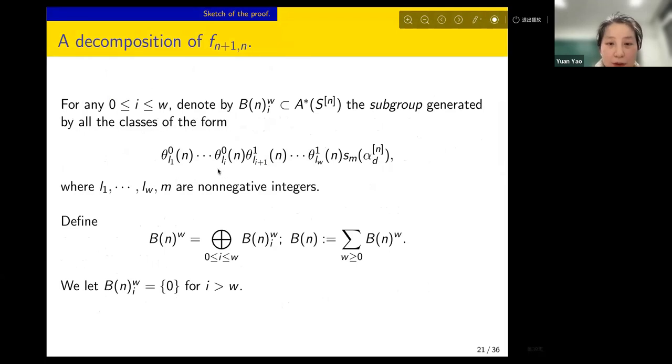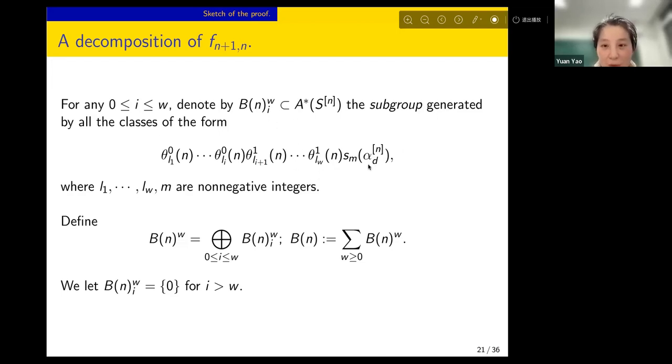So I have all these things, and I define the subgroup. They are all related to the Chern classes of the ideal sheaf. Finally, I have one term, the class of what we want, this alpha n. So this is the subgroup generated.